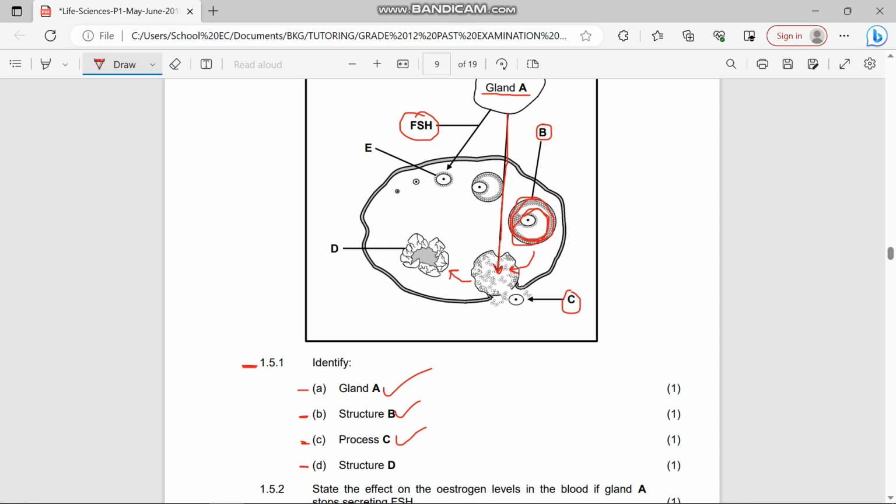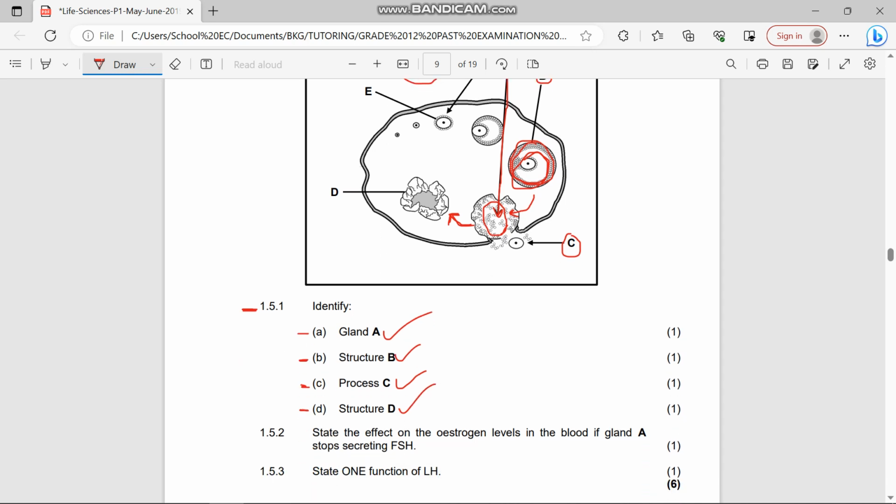Mind you, the egg was released by the follicle breaking. So after it has been broken, it doesn't remain the follicle. It becomes a corpus luteum. So structure D is the corpus luteum.